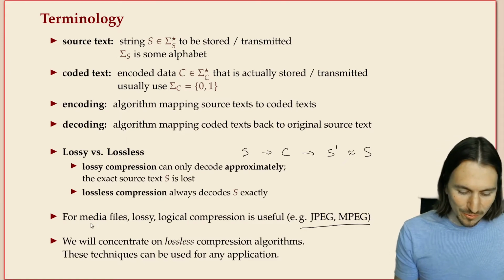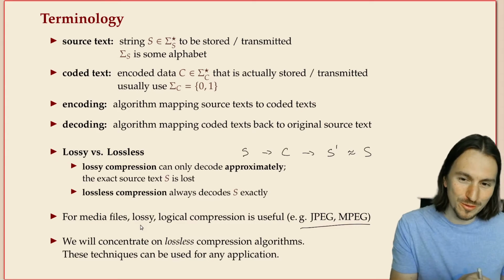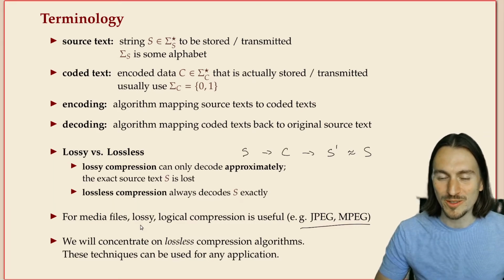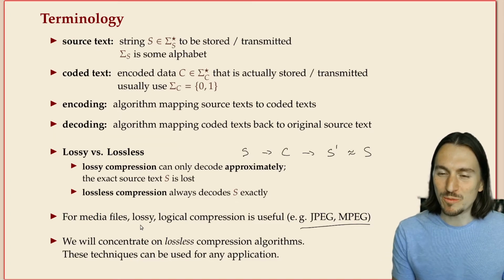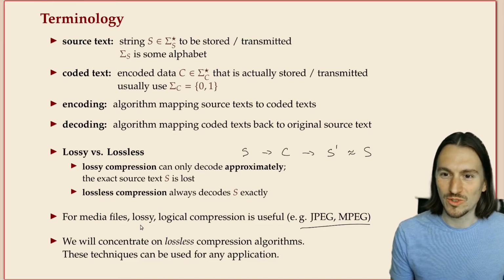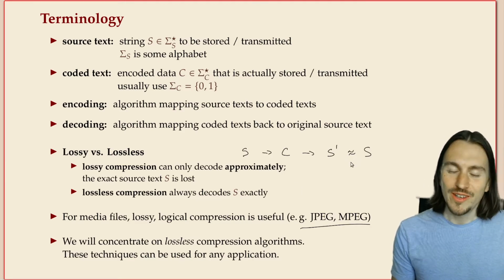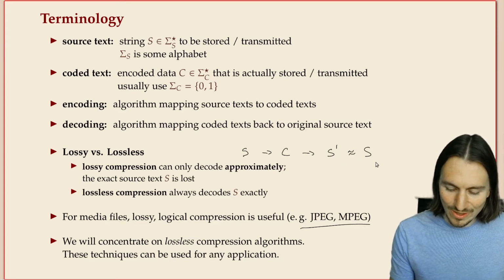So this is for media files, which are always just an approximation of reality. Also, the compression can be just an approximation of the exact source text. The main thing here is you need a good notion of what it means to be approximately the same.